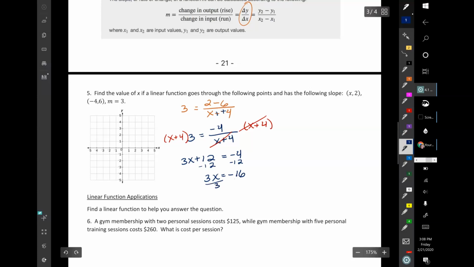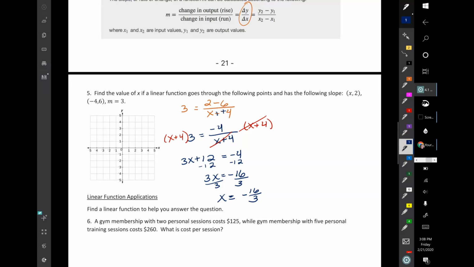Divide by 3. X equals -16 over 3, which is kind of not the best number to work with, but it's okay. It's fine. We'll deal with that. It's just a fraction. You know how to do it.